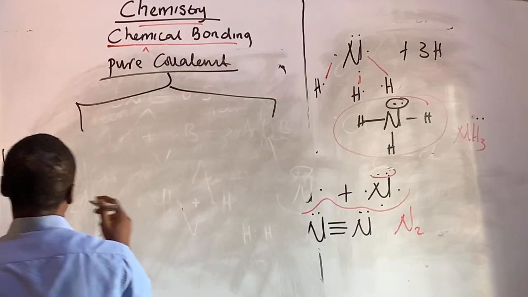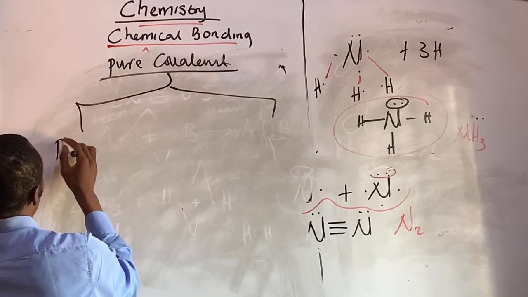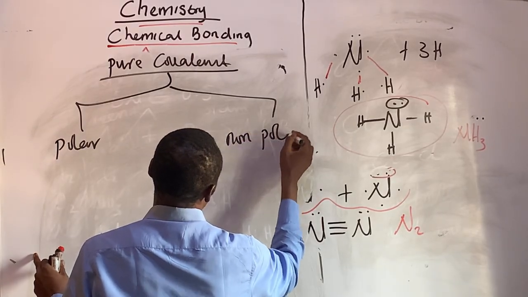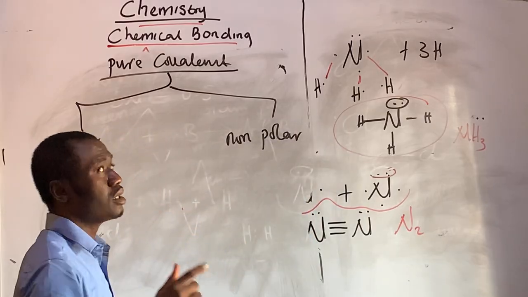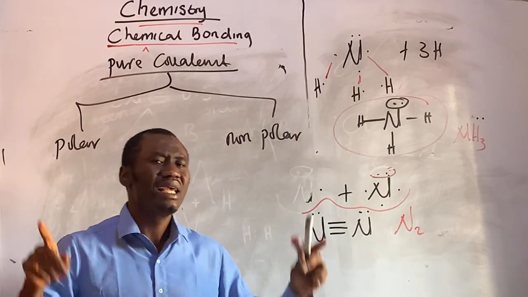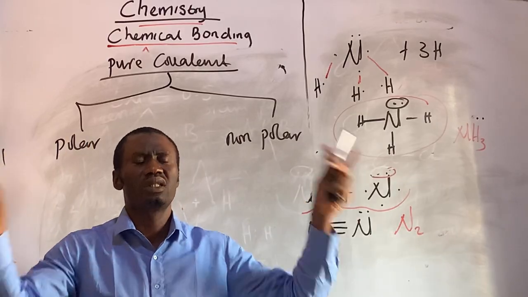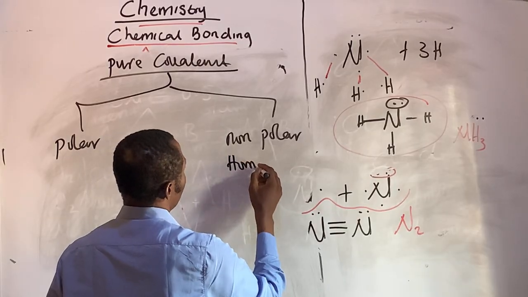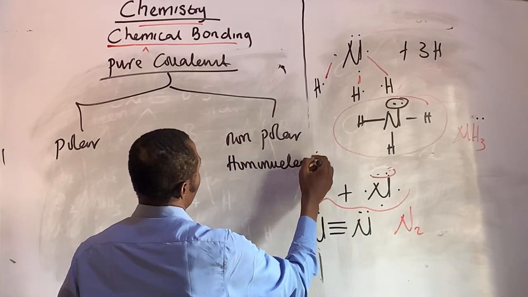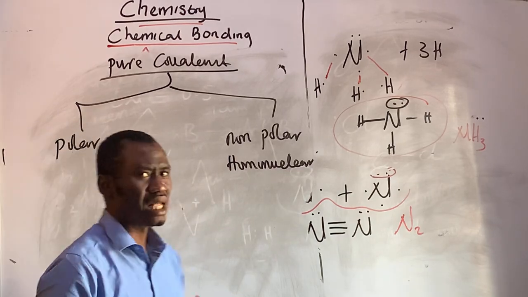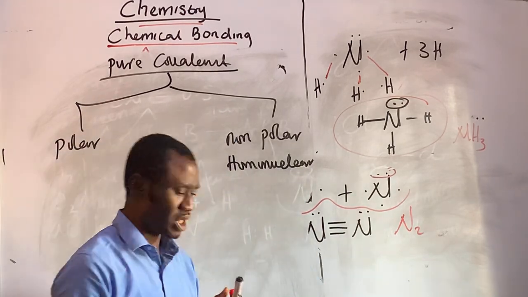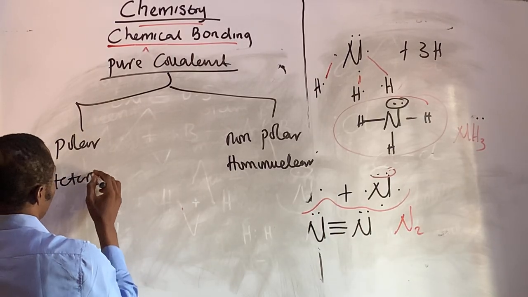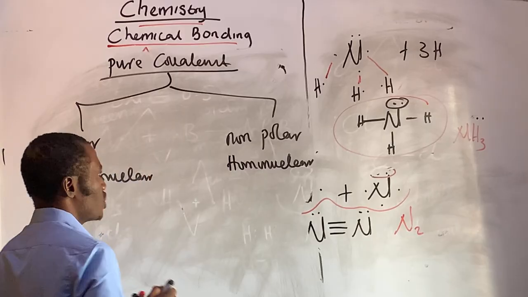Non-polar means there's equal distribution of electrons, so we can call this homonuclear. If we say polar, it means it has a partially positive charge and a partially negative charge, so we can call this heteronuclear. So don't confuse the two.